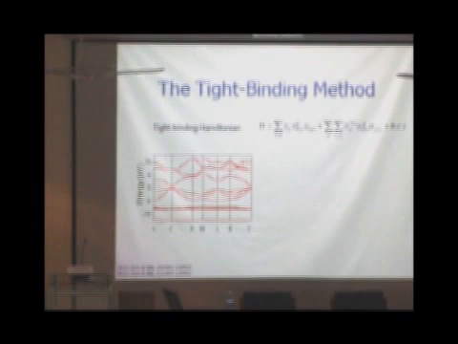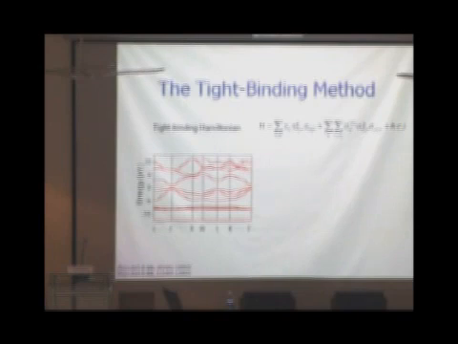What they do is get the on-site energies, which means the energy levels of these orbitals, and the hopping parameters, which means how much they interact with the next neighbor or the second next neighbor. If you account for all of them, you can get all your dispersion curves, and you can get the band structure of these particular materials.